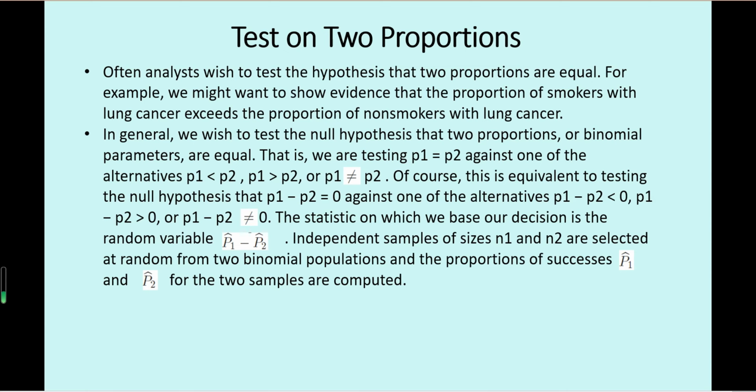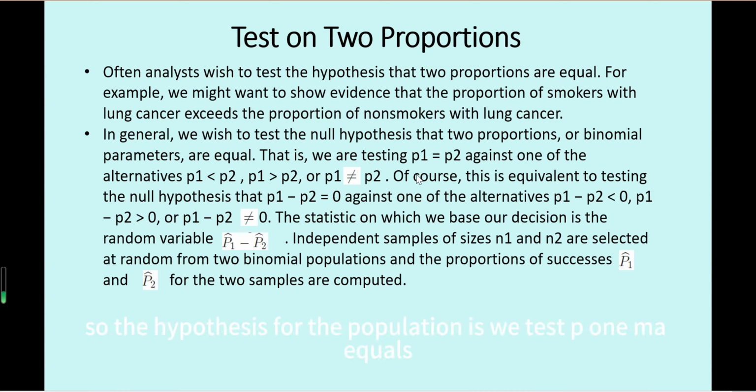For example, we may want to know if the proportion of smokers with lung cancer exceeds the proportion of non-smokers with lung cancer. So usually from these two populations, we take some independent random samples from both populations. Then we test the proportion in the sample for these two populations, right?